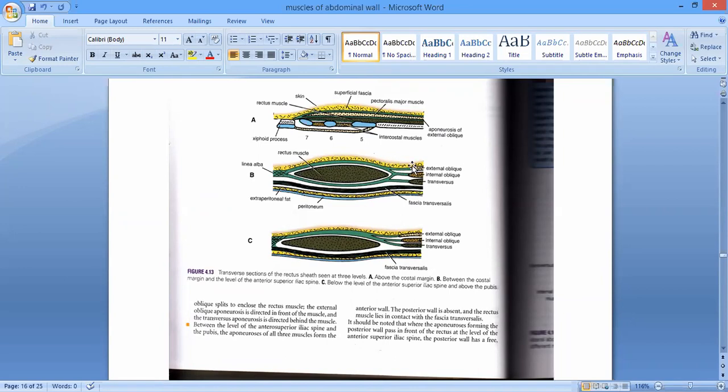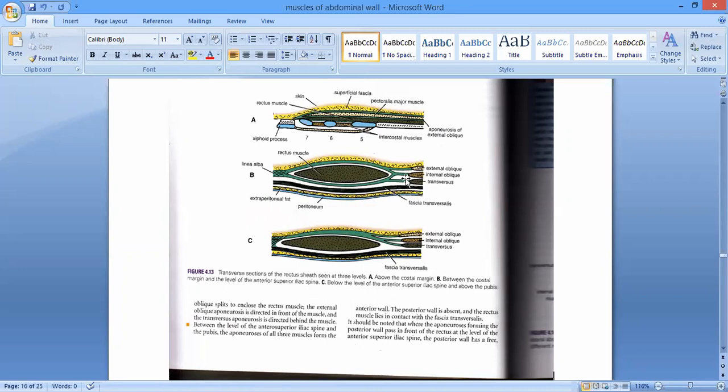So anterior wall is formed by the external oblique aponeurosis and the superior layer of the internal oblique aponeurosis. And the posterior wall is contributed by the posterior layer of the internal oblique aponeurosis over there, right? And then the other one is the transversus abdominis aponeurosis.